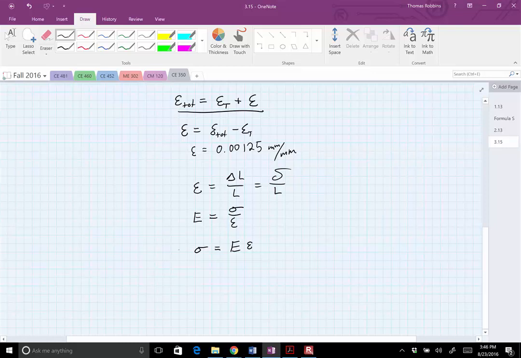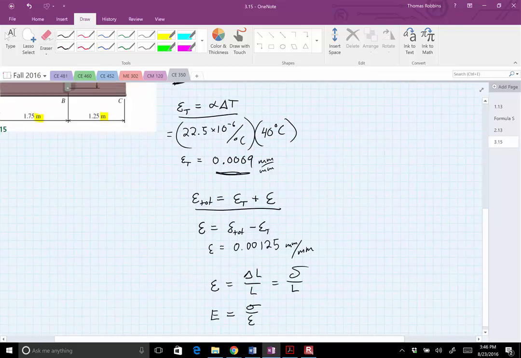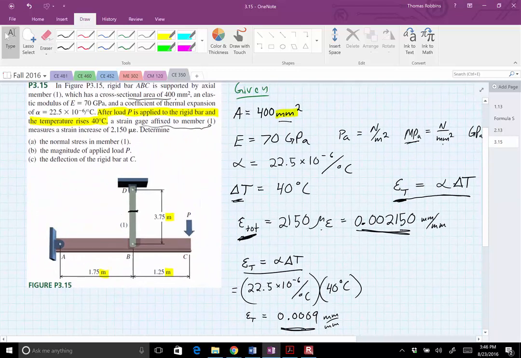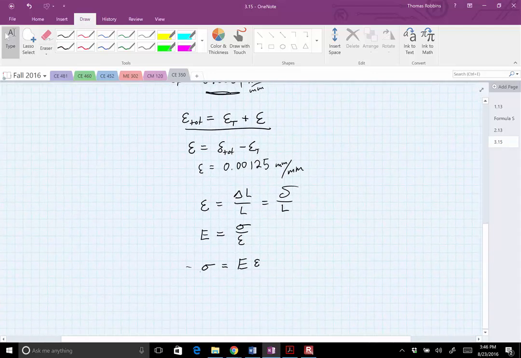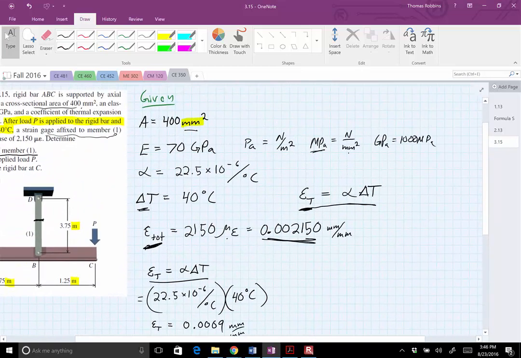So this is the first part of the question that we're looking for. If we remember, it says here, find the normal stress in member 1. So now, given our normal stress, we can just use this equation. We can say stress normal is going to equal our Young's modulus, which is 70 gigapascals, but remember it's not just 70 gigapascals. I did a little bit of work in the beginning just to front load this.